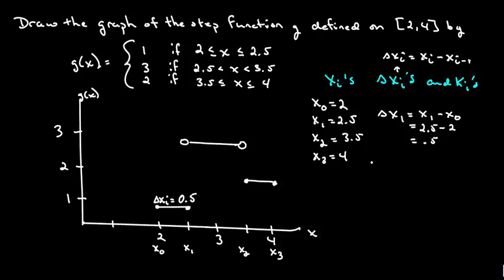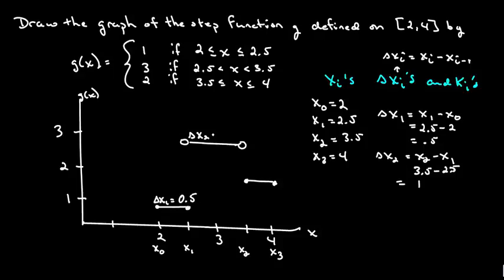Now the next delta x, that's delta x2, the next change in x, is equal to x2 minus x1. Well, that's x2 over here at 3.5, minus x1 over here at 2.5. So that's equal to 1. So that means delta x2, I should put delta x2, I don't know why I put delta xi.